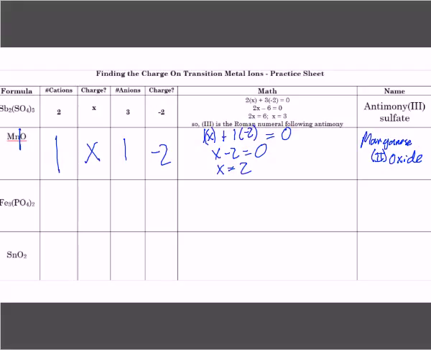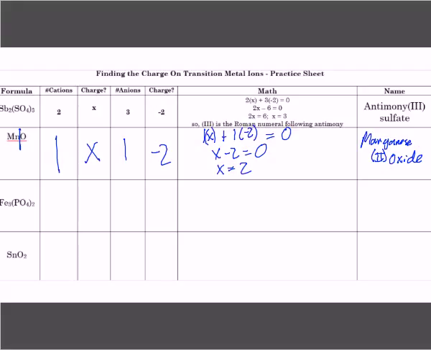Now, when you look at this, it's a pretty easy one, right? If I only have 1 oxygen and I know the charge, I'm always going to know the charge, guys, of my anion. Jot that down in your notes. You're always going to know the charge of your anion, whether it's a polyatomic, and you can look it up on the sheet, or if it's a single element, a monatomic ion, you'll figure that out from your periodic table.